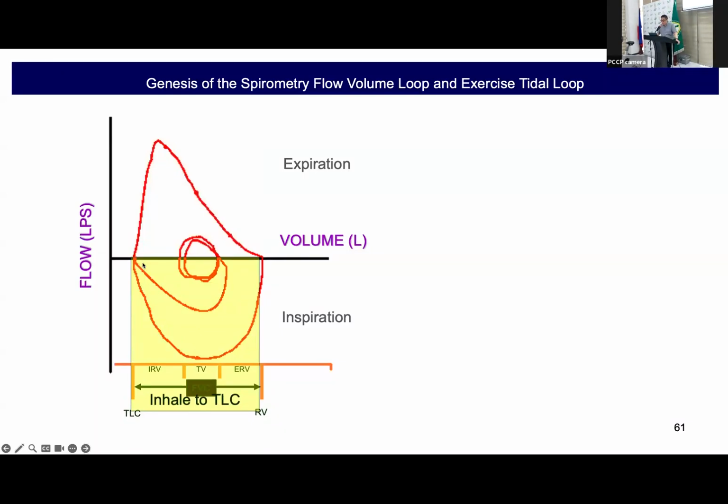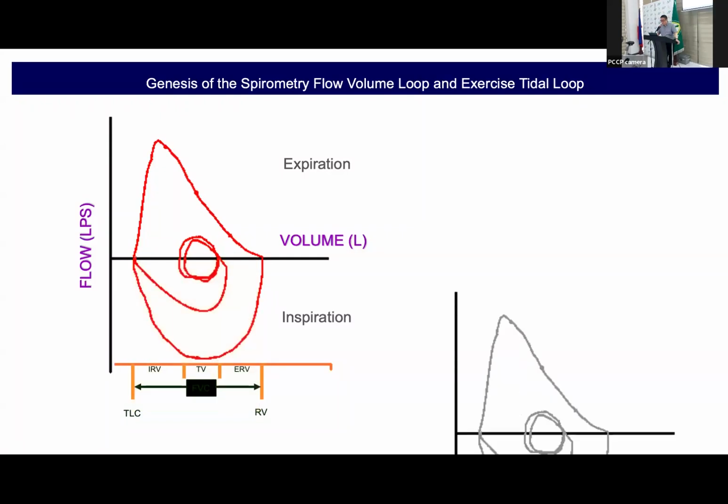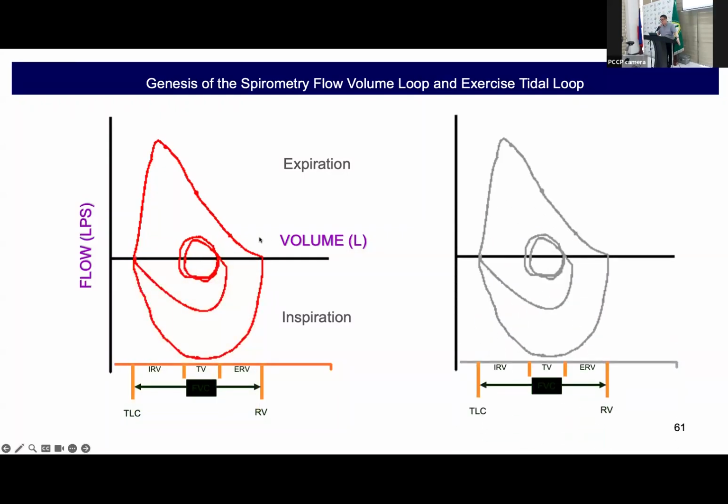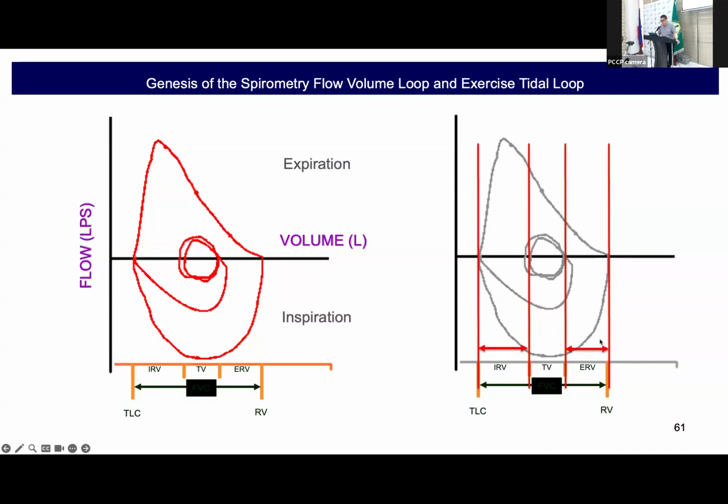The take-home message here is you should know the different lung volumes within this flow volume loop to analyze the breathing pattern of the patient. From this point, that's TLC, that's RV. That's the tidal volume of the patient. This is IRV from here to here, and that's ERV from here to here.